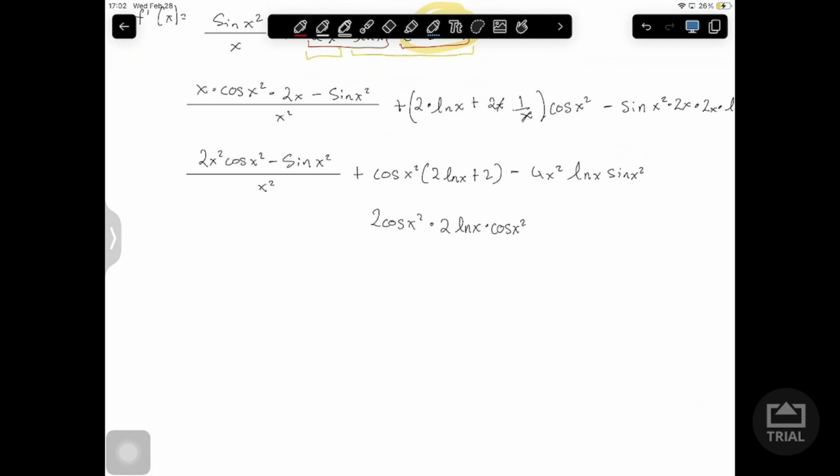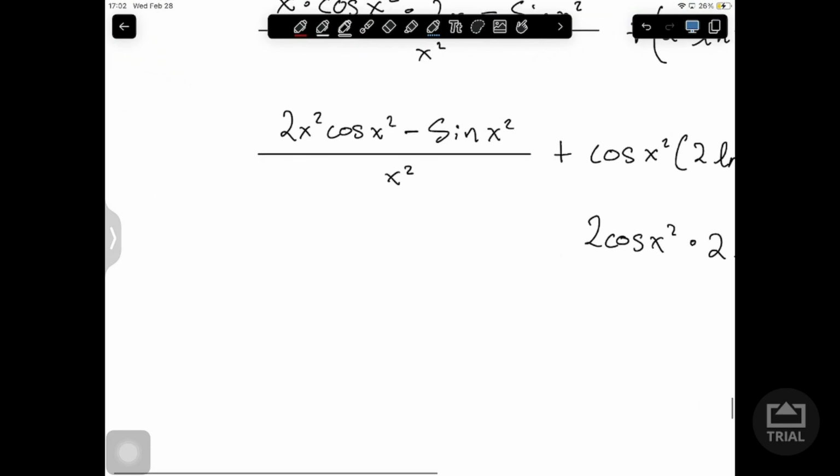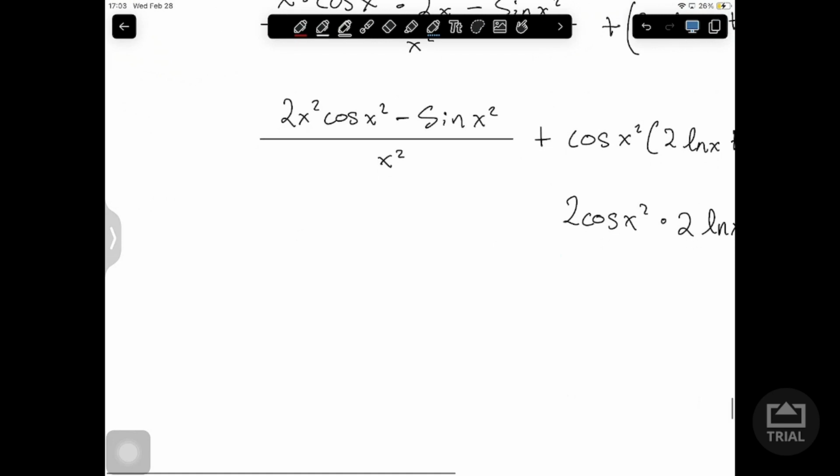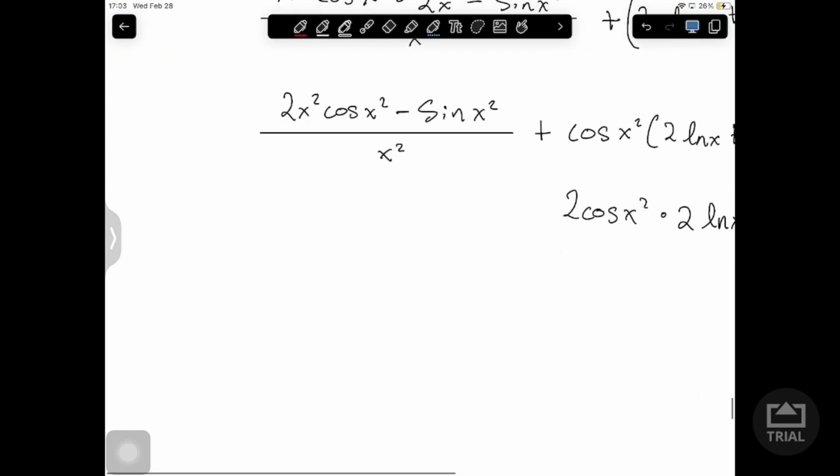So that's our middle part. And on this one, what we could do is this x squared, we could not divide it, but basically just move it. So we could have it be 2x squared cosine x squared all over x squared minus sine x squared over x squared.